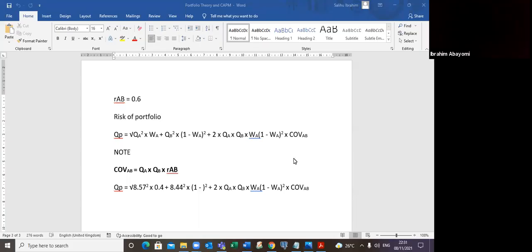Yesterday, we looked at the concept of portfolio theory and how the risk of an investment and the risk of a portfolio is measured.